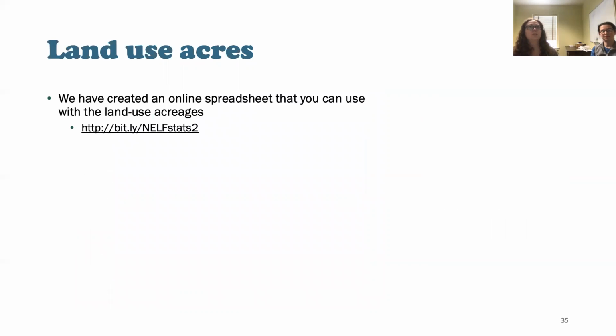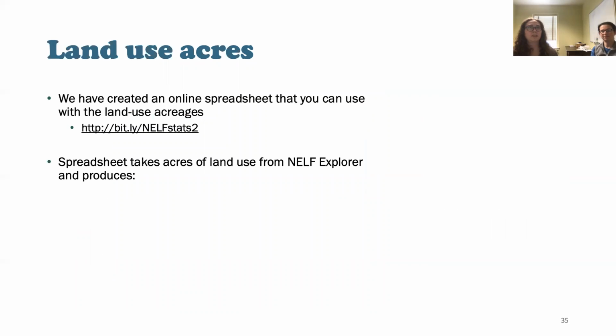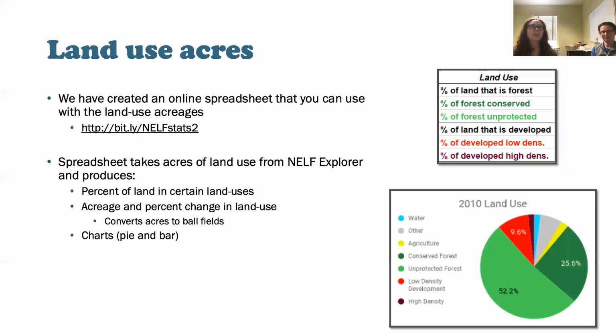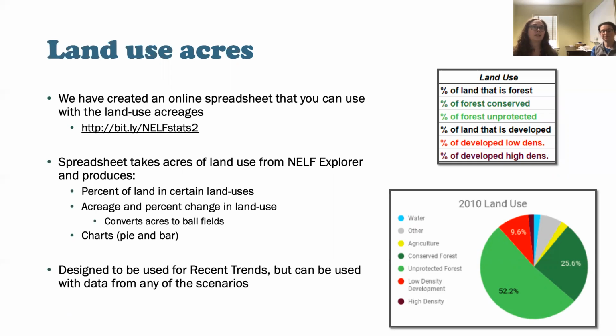You can put them in the spreadsheet that we linked to, and it crunches some additional numbers for you and produces more stats than you can get from the tool itself, including some fun things like converting acres of change to ball fields, and some basic charts that you could then edit or use as is.